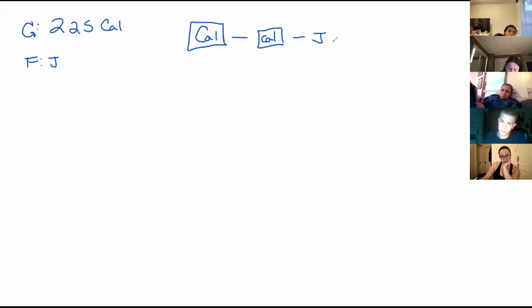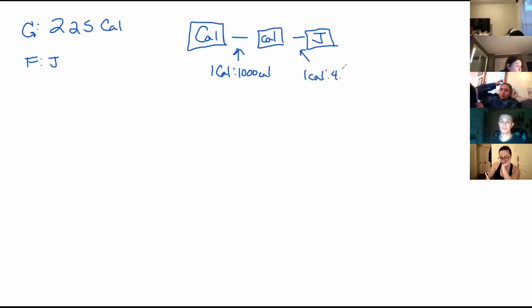Then from there, I'll go into joule. The relationship here is that one big C calorie is equal to 1,000 little c calories, and this one says that one little c calorie is equivalent to 4.184 joules. So it's a two-step problem.